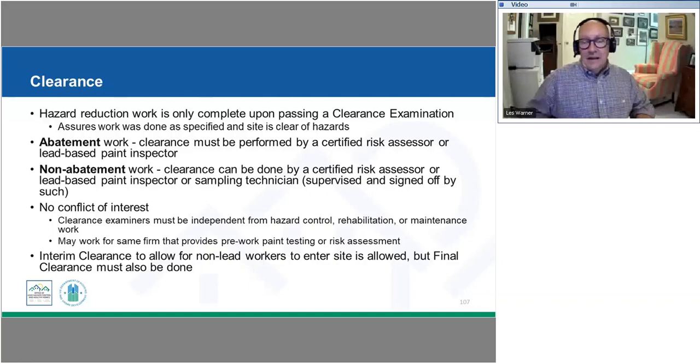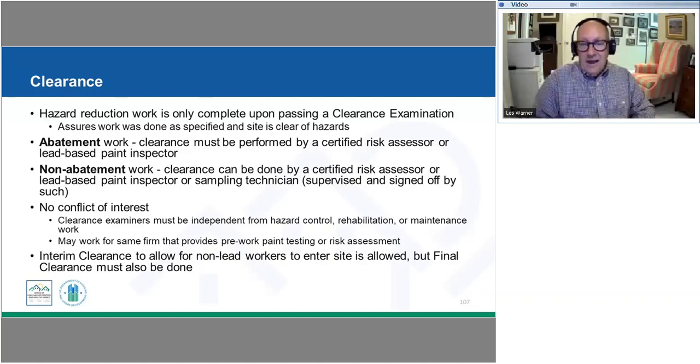For instance, if we were using the protocol where a lead contractor comes in, deals with lead hazards, and then turns the site over to a non-certified contractor to complete the rest of the rehabilitation work, at the point that the lead contractor was done, we would have an interim clearance showing that all the work areas had been brought down to acceptable levels, and that would be done before we turn that over to our non-lead workers.